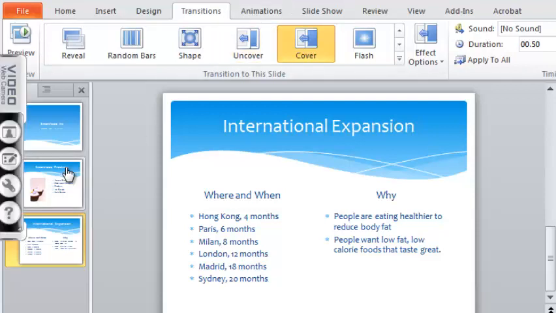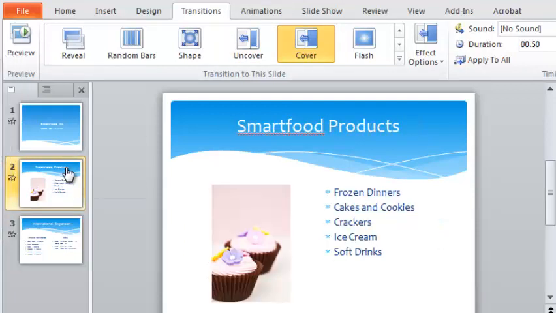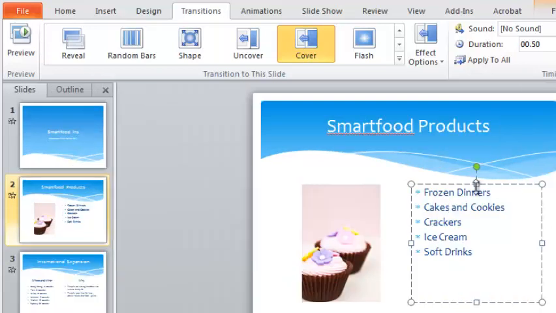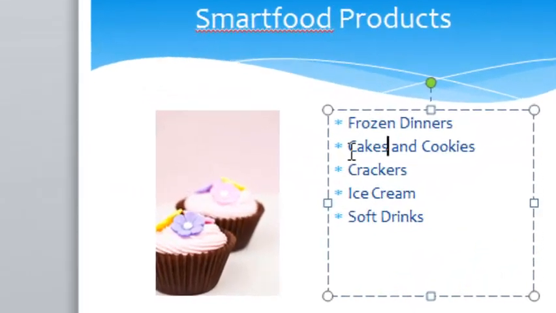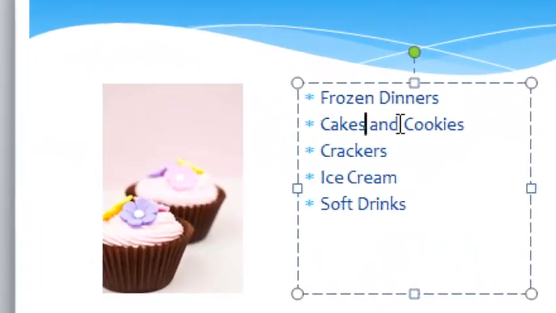So we're going to go back to slide 2, and we'll start with these points here. And supposing I didn't want to show these all at once, I want to show them one at a time. So the first trick is to just click in the area that you want to animate. Now, something else that you should be careful of is, I'm just going to close that off for a sec because that will come up again later on. When I click inside this area, because I've got my cursor on the second bullet point here, it just happened to land there, PowerPoint might think that I'm only wanting to animate that one point.